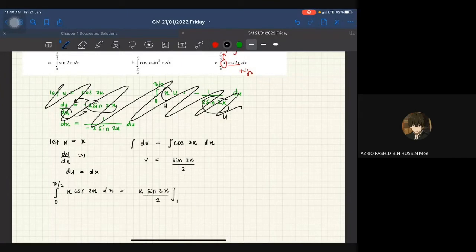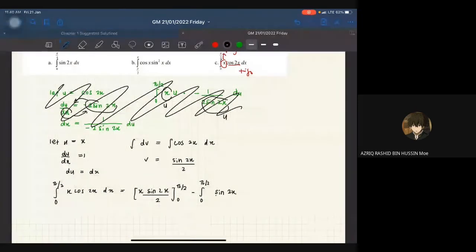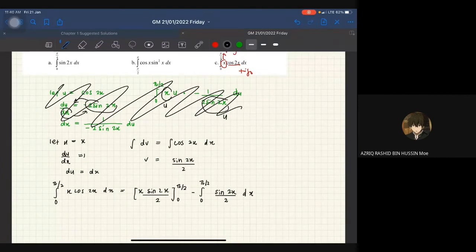Letak terus dia punya lower limit and also upper limit. So we have 0 to pi over 2. Okay, and then minus integral of 0 to pi over 2 v du. So v is sine 2x over 2. du is dx. So settle dekat sini. Okay, so yang ni awak try siapkan sendiri.